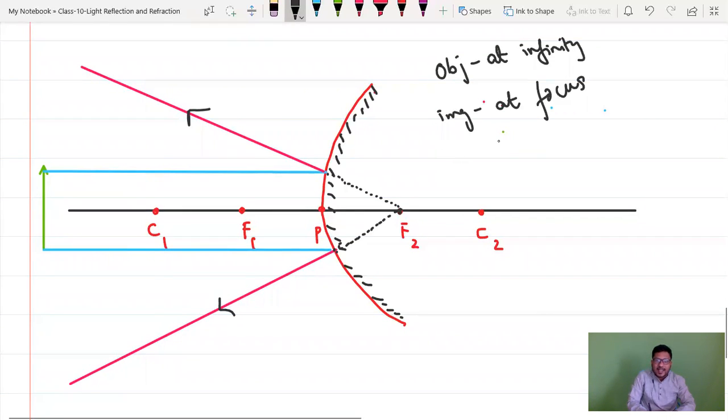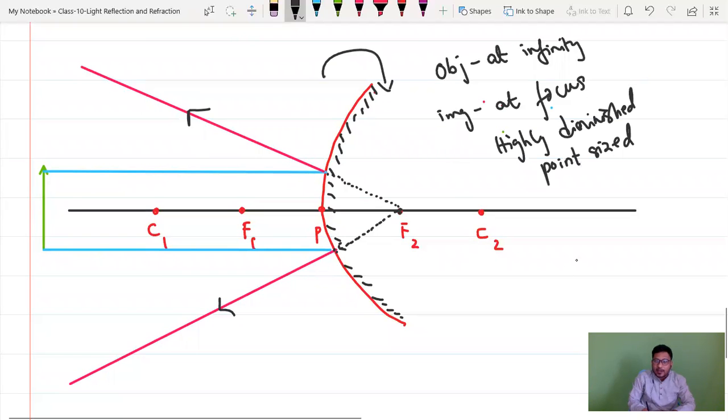What is the size? Highly diminished, or you can say point sized. You see, the image is forming at the backside of the mirror, so definitely it will be virtual. If it is forming at the backside of the mirror, it will be erect.